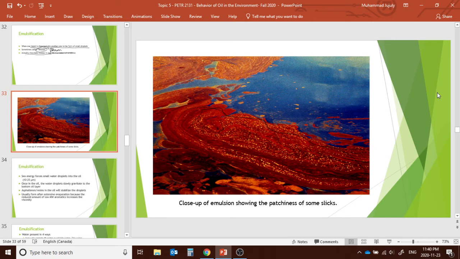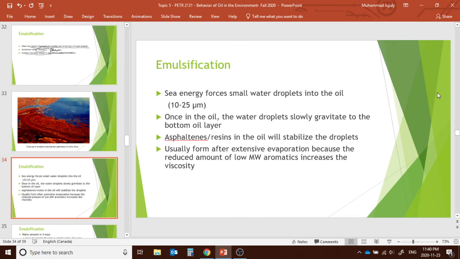Now, emulsion is very bad. Why? Because it's really difficult to clean up, due to the properties of emulsion.